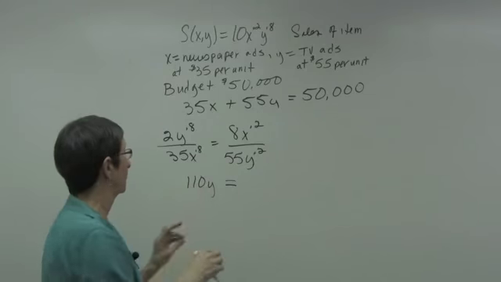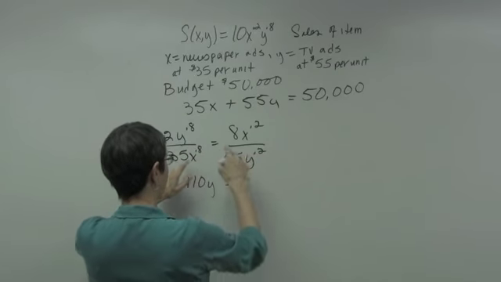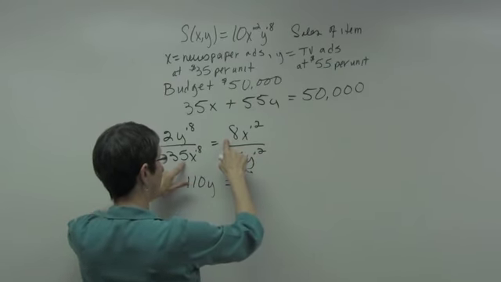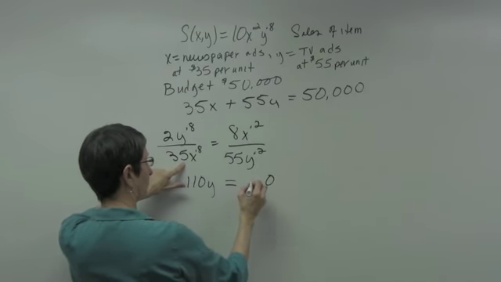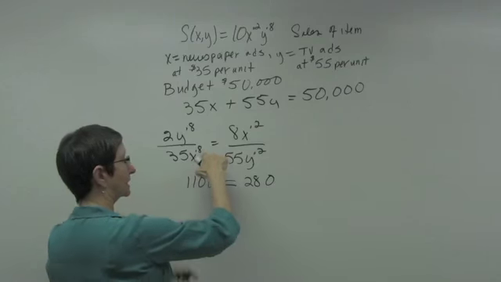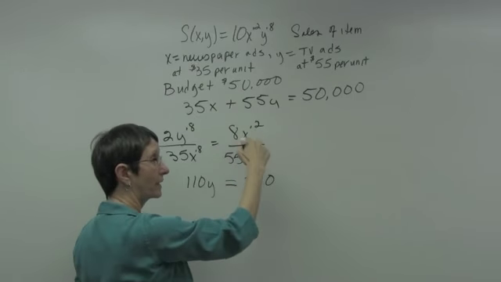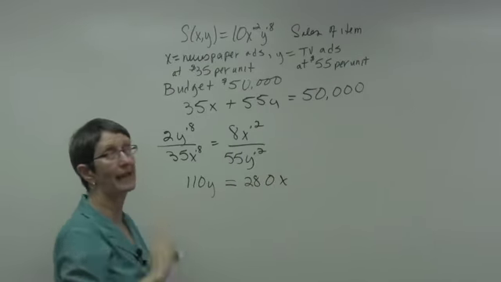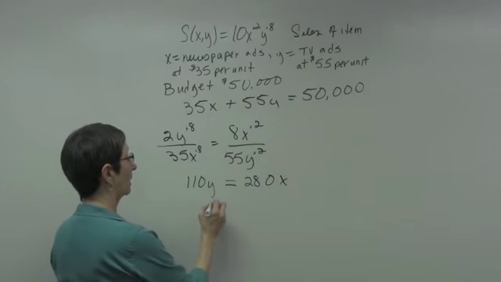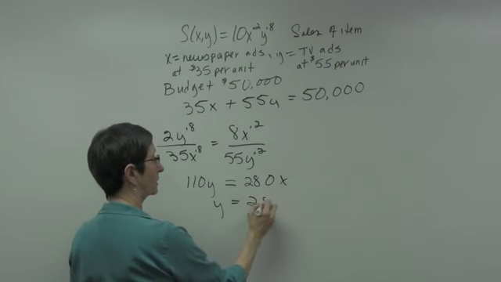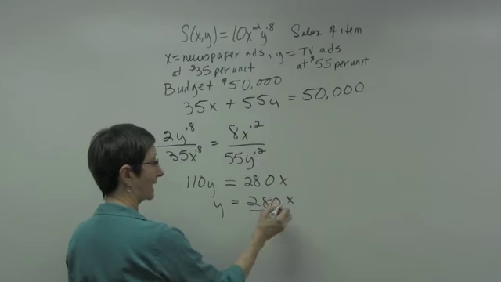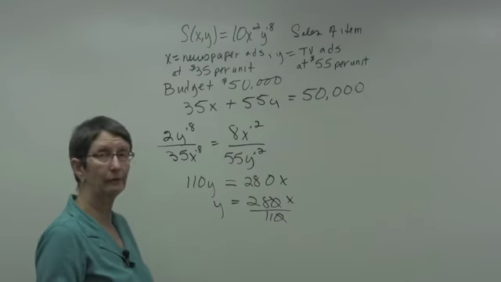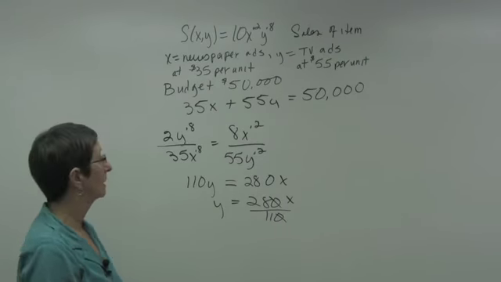Big change here. When I multiply over here, I'll have 8 times 35. 8 5s are 40, 8 3s are 24, and 4 is 28. And x to the 8/10 times x to the 0.2, add exponents, you get x. So y is 280x over 110, and I can divide out the zeros and have y equals 28x over 11.